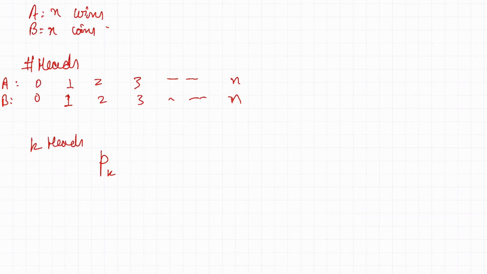It's basically A and B getting k heads in segment 1. Let me denote it as pk.